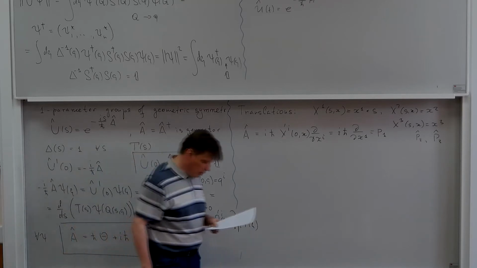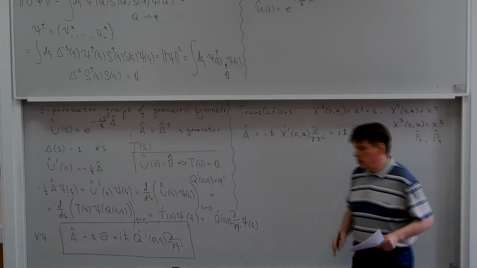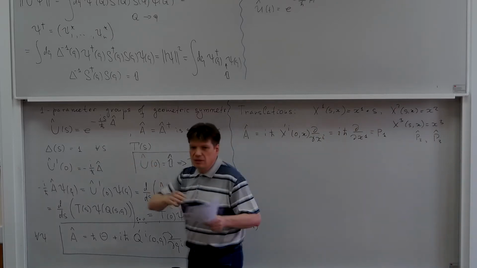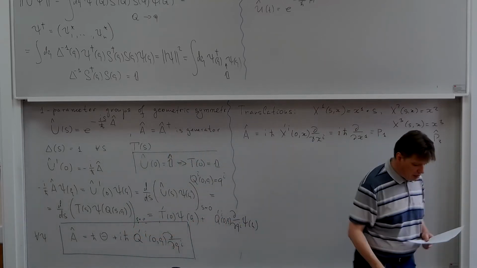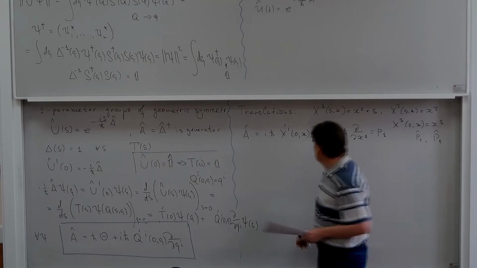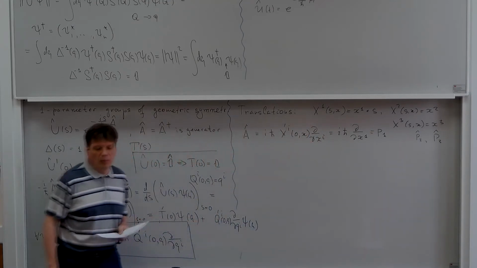Thus, we are led to conclude that the homogeneity of physical space, that is invariance under translations of the coordinate system, amounts to the conservation of the linear momentum of the particle.